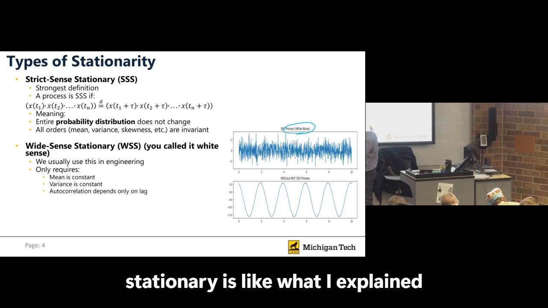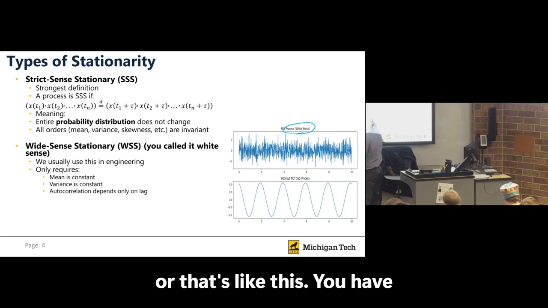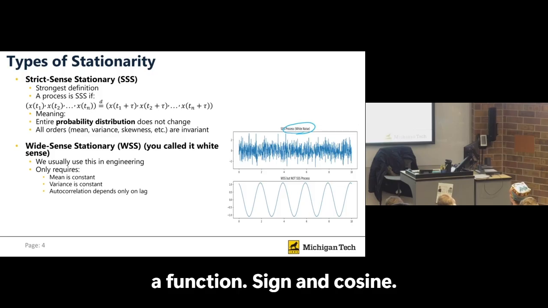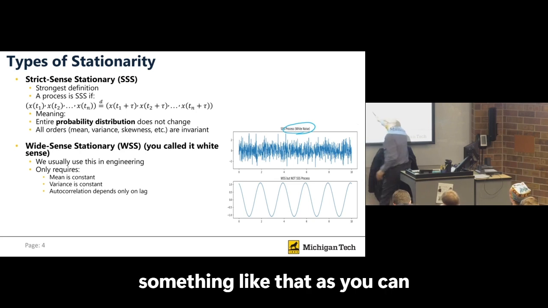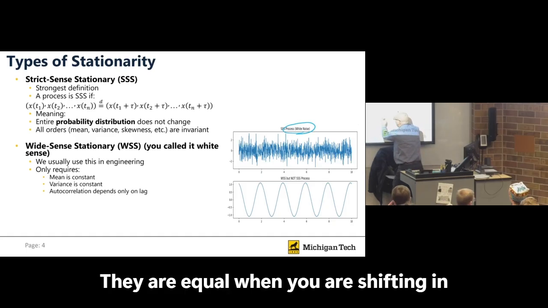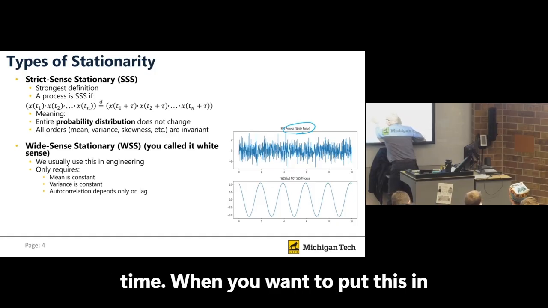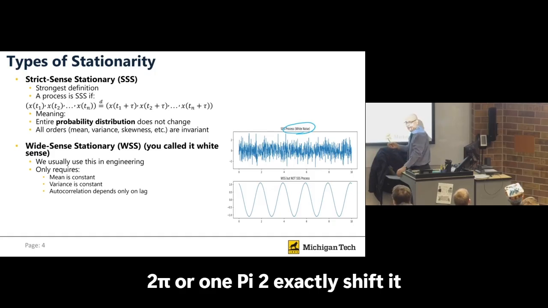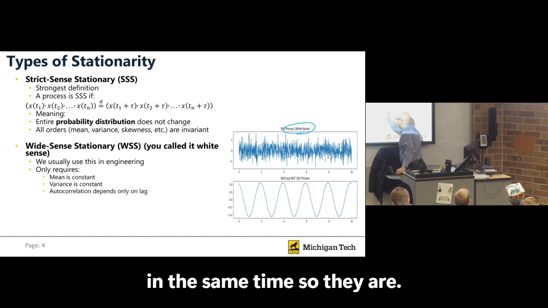Wide sense stationary is like what I explained, like this. You have cosine or sine plus cosine, or a function of sine and cosine. Most of the time, they create something like that. As you can see, they are equal when you are shifting in time. When you want to put this in here, you need to shift that, for example, 2 pi or 1 pi, to exactly shift it in the same time.